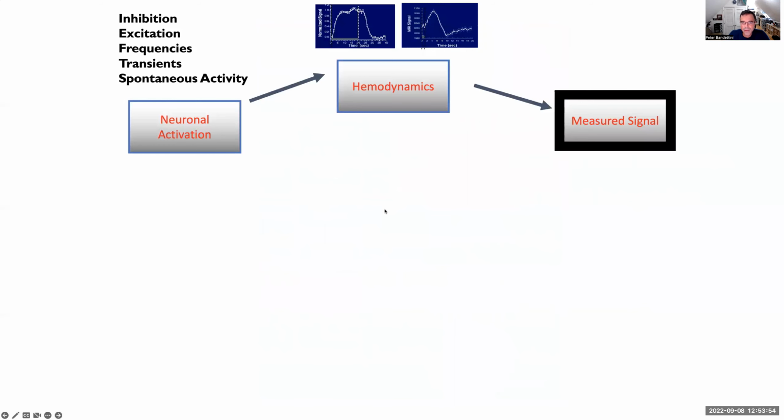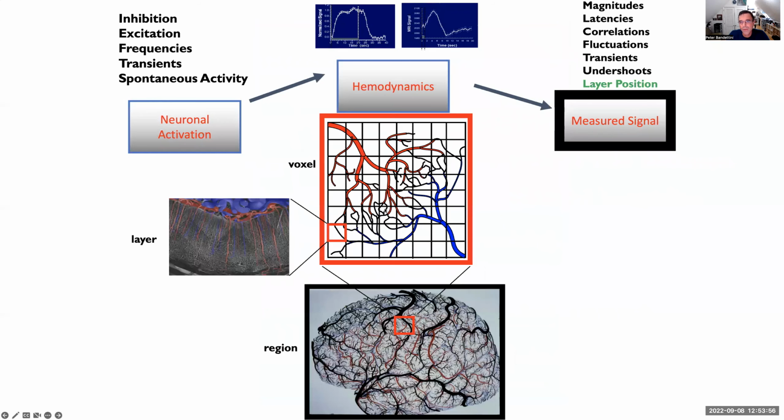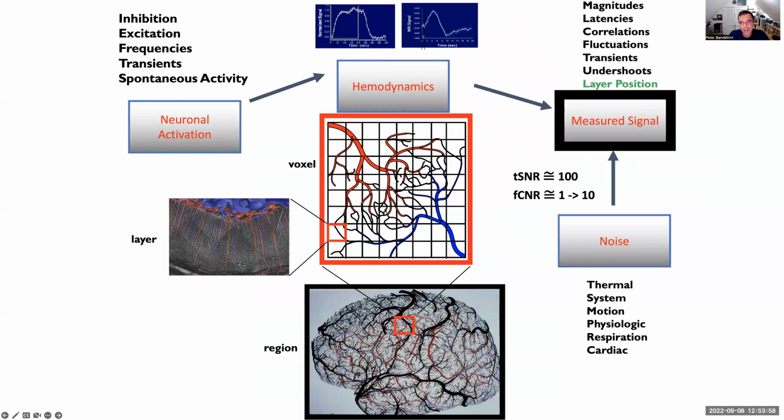And this is just reiterating what I said before, that there are many issues in terms of trying to derive neuronal information, everything from inhibition, excitation, different frequencies, transient, spontaneous activity, through this hemodynamic transfer function, which actually varies considerably in space in sort of a semi-random way, depending on how the vasculature is captured, to the measured signal.